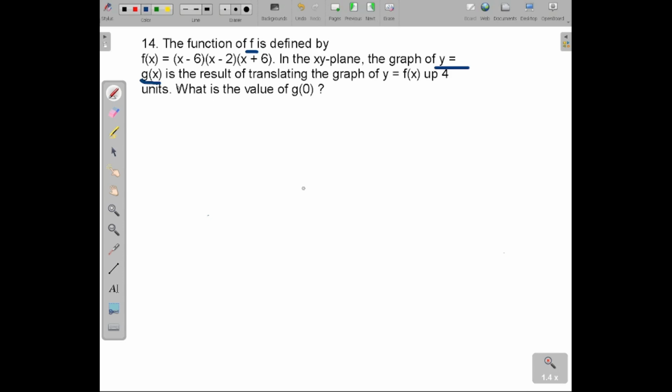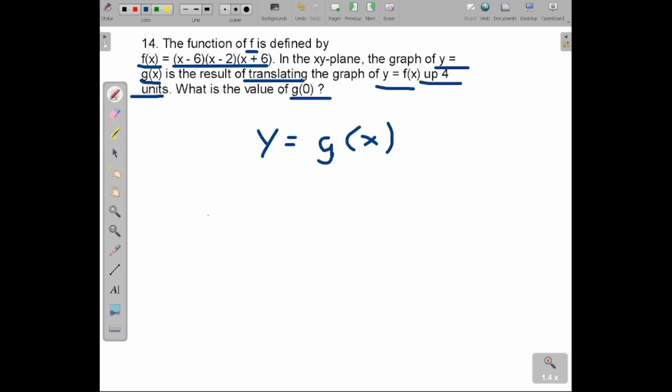That's important. Is the result of translating the graph y equal f of x up 4 units. What is the value? So from the problem we can read that the graph of y is equal to g of x is the result of translating the graph 4 units up.